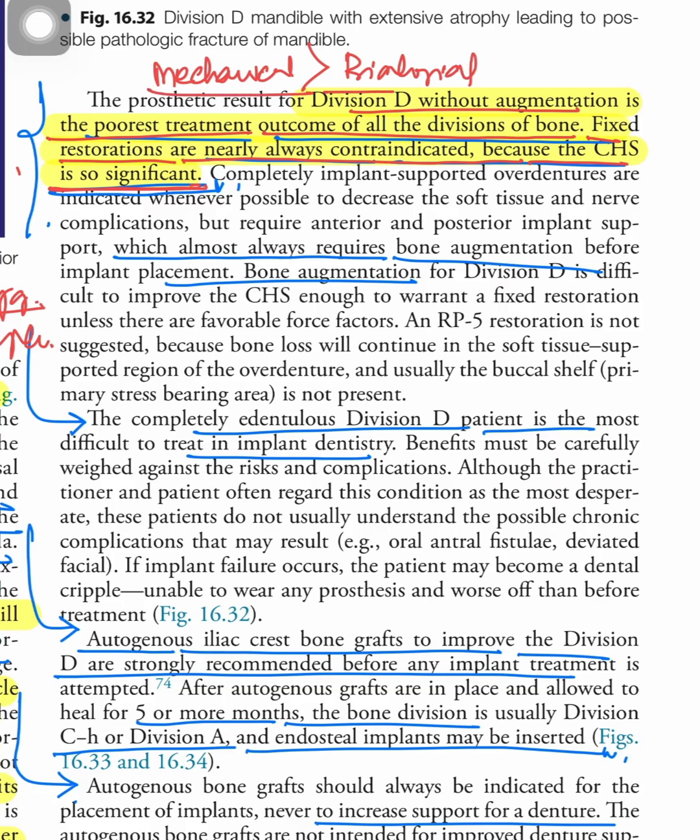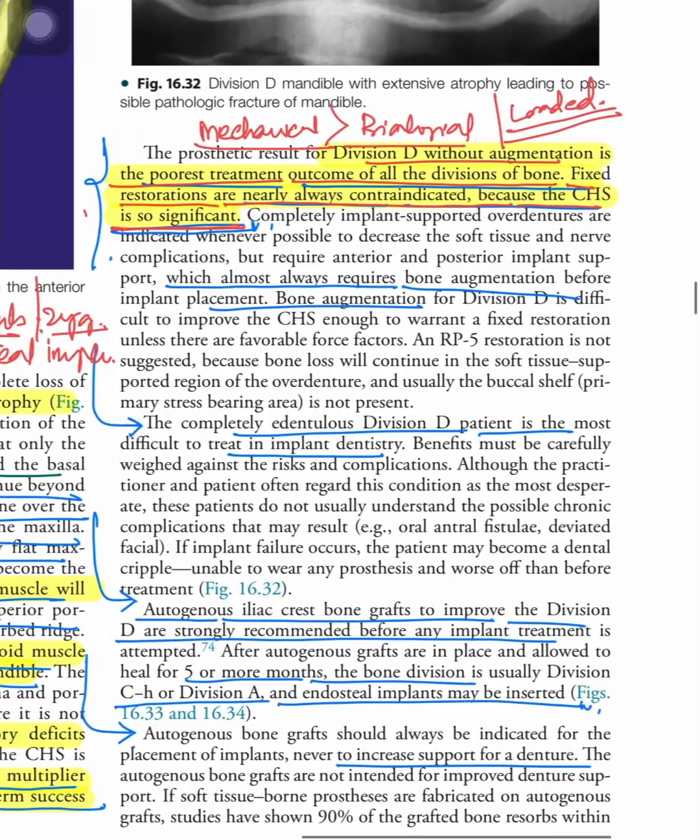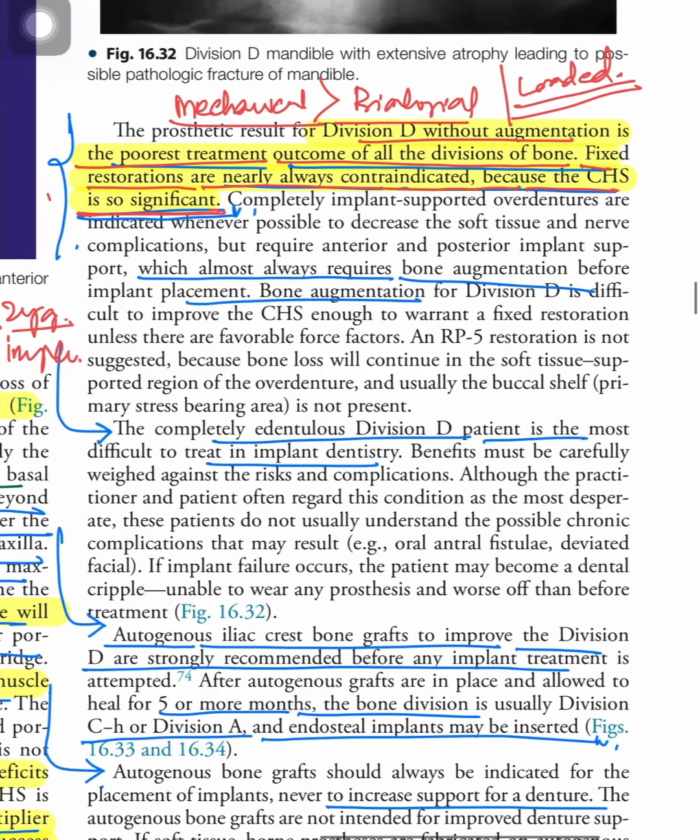And mostly you would see all the failures happening once you have loaded the implant, because you have used the wrong process or wrong type of implant. In a particular case, the implant's survival rate reduces significantly.